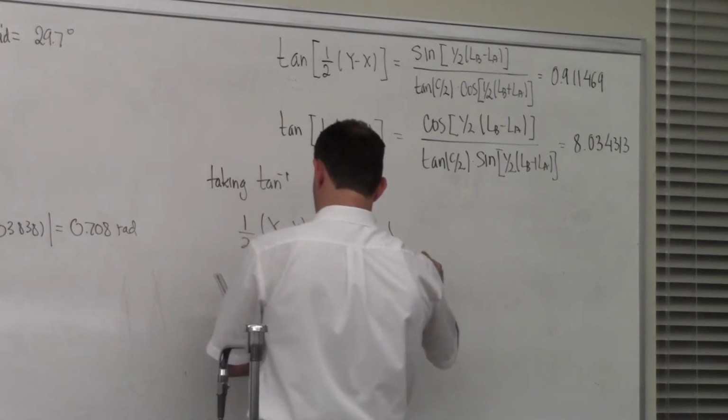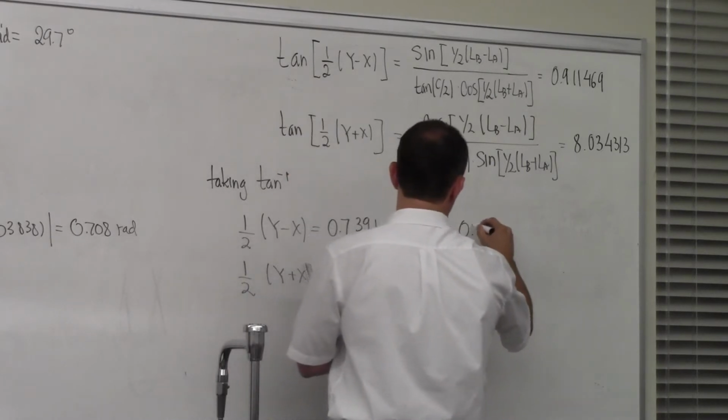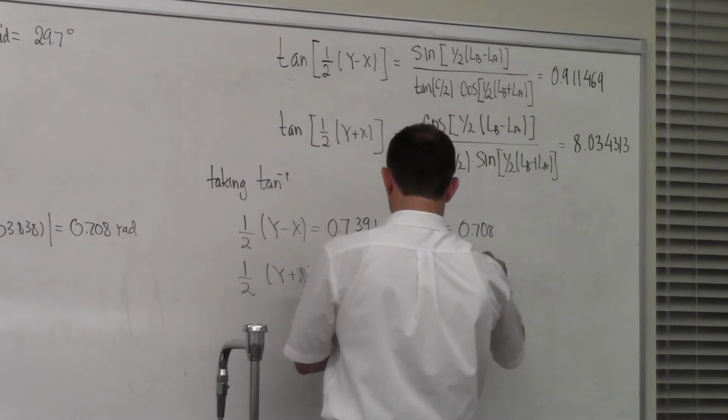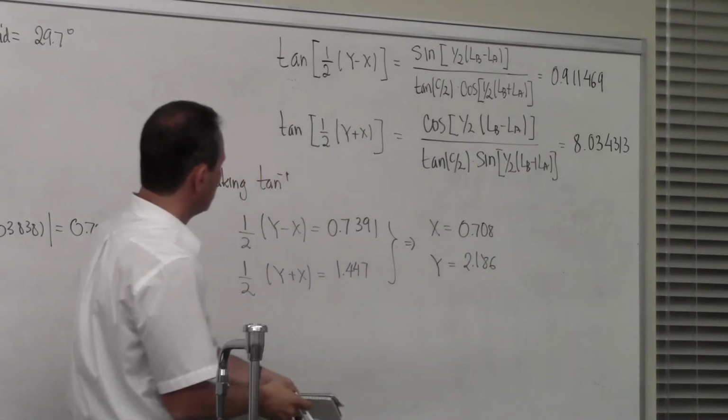So now, if you calculate your x and y, you end up with x being 0.708, and y being 2.186.